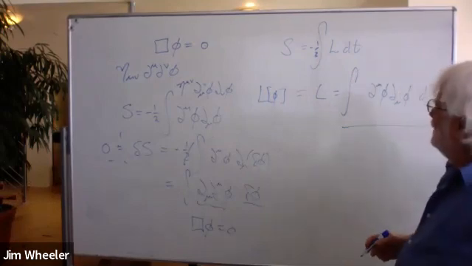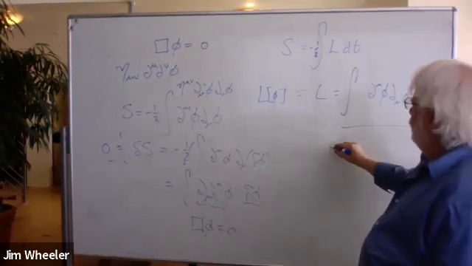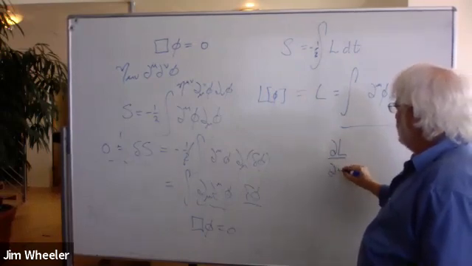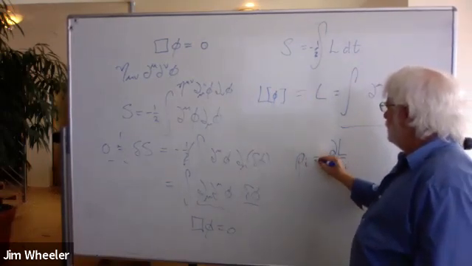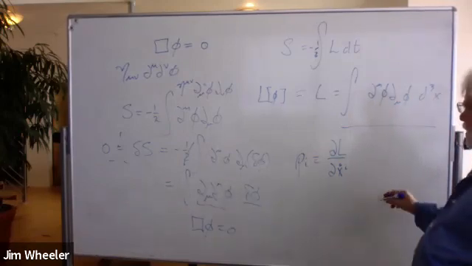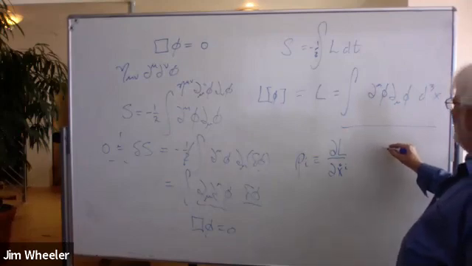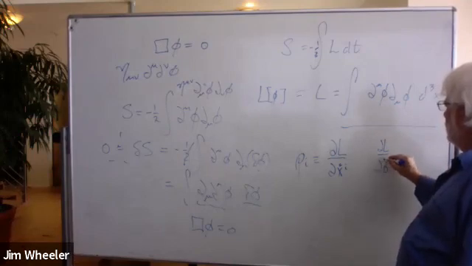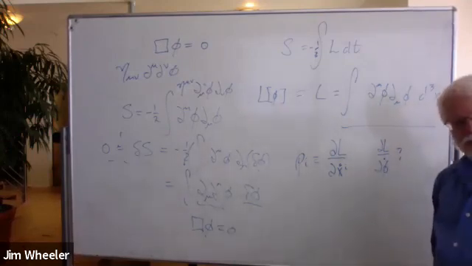Okay, so what that means is where before we might have looked at how L changes with respect to the velocities and defined that to be the conjugate momentum. Well, that's the same thing, but now taking a partial of L with respect to something like phi dot, it's really a functional derivative.